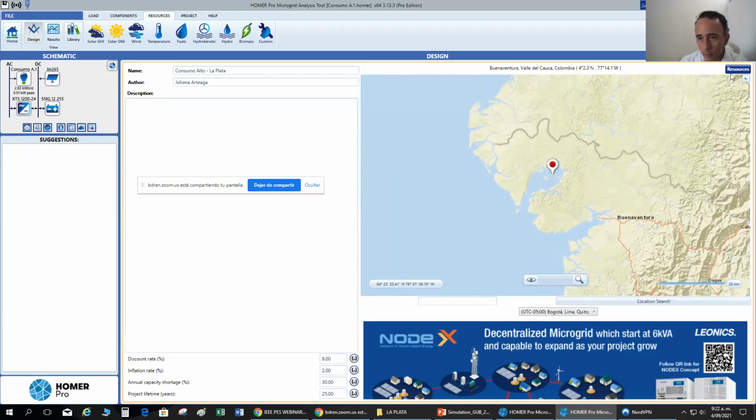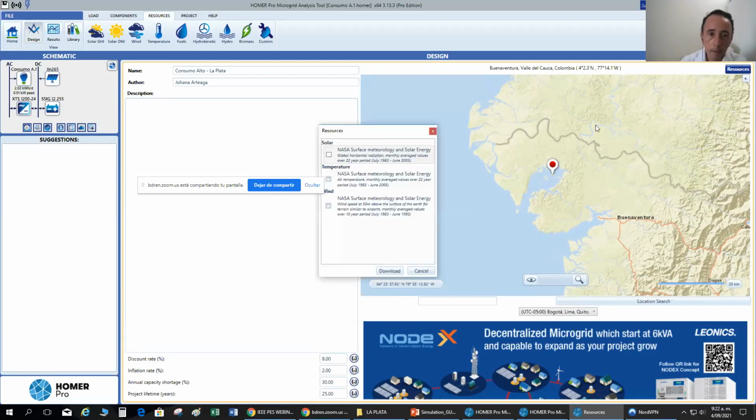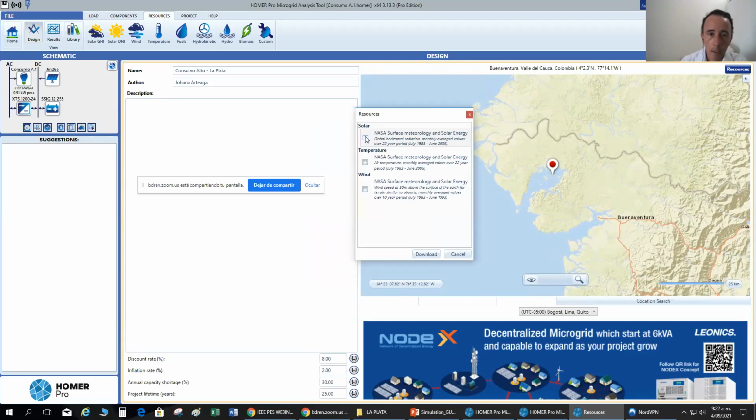So we go to the top at the right part where it says resources. There's an icon so you can click here, and it says, okay, what do you need? I need the information of the NASA, the National Aeronautics system from the United States.